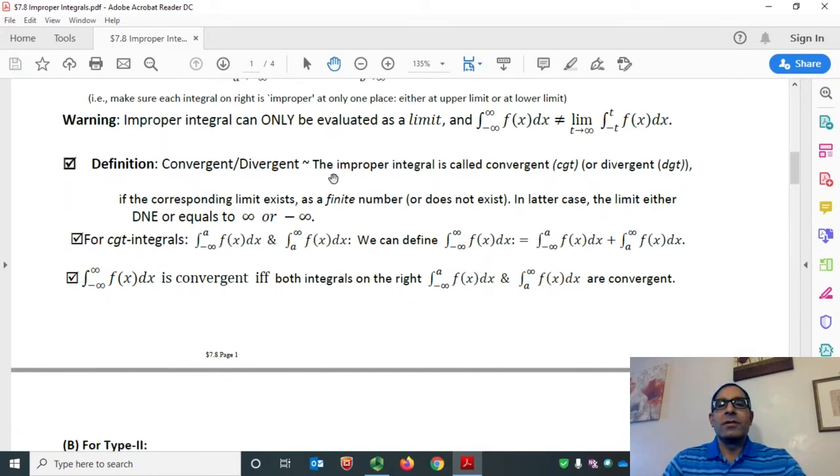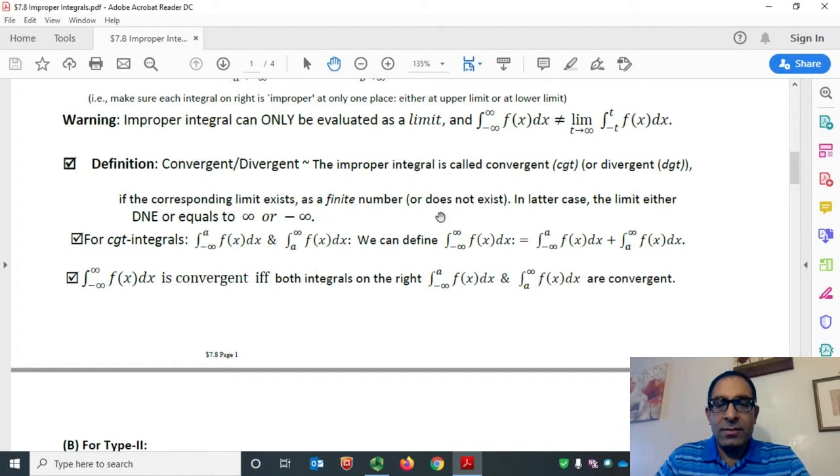Definition of convergent and divergent. The improper integral is called convergent, and in short form we write CGT, or divergent, which we write DGT. This is my way of writing CGT and DGT for convergence and divergence. It is convergent if the corresponding limit exists as a finite number.